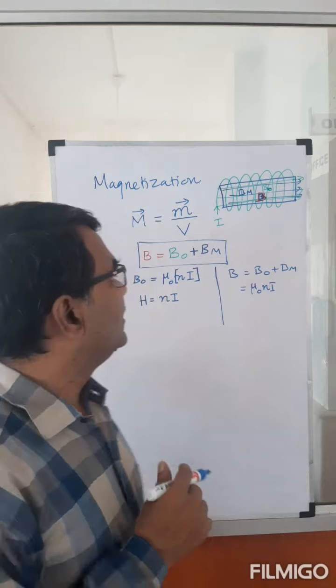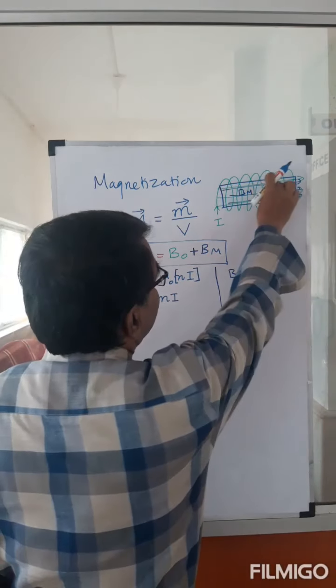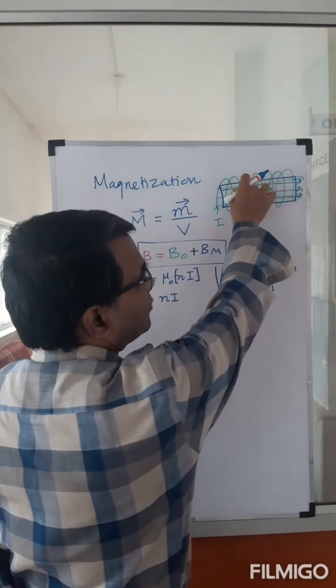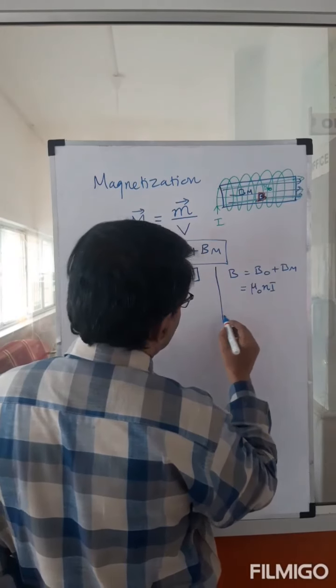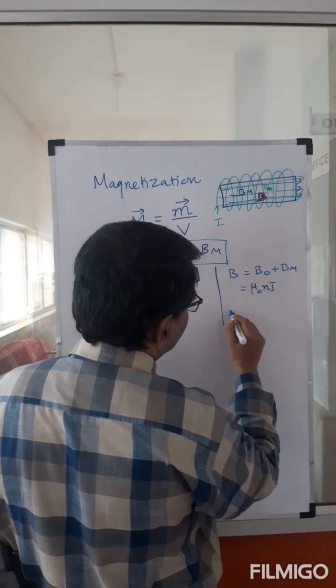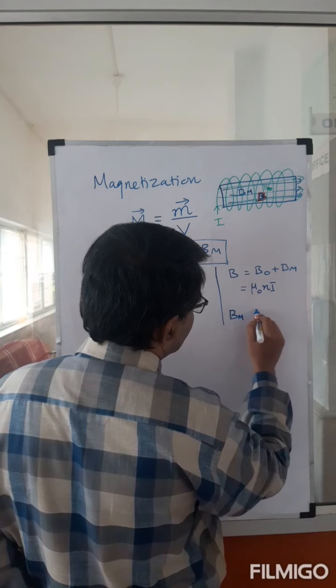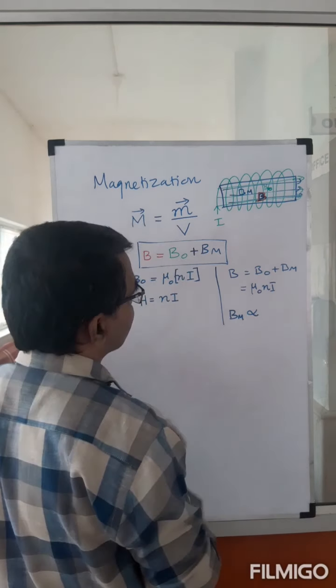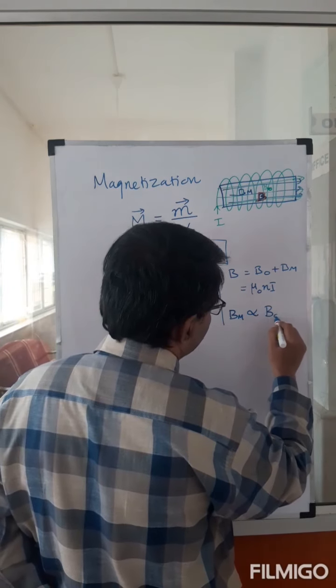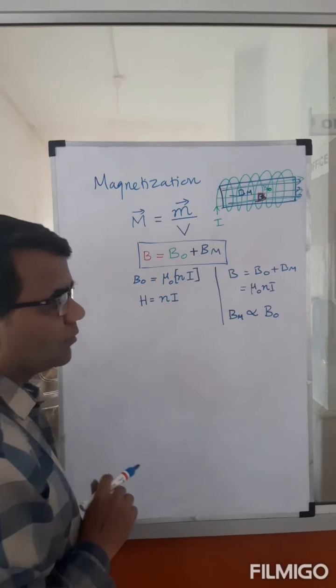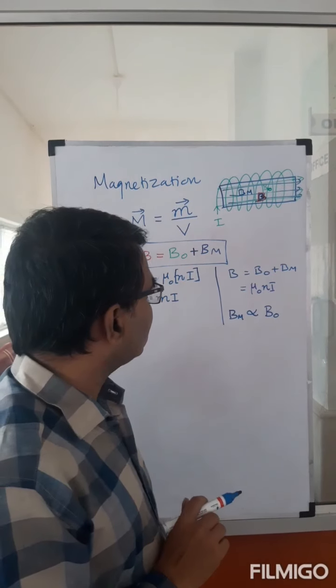Right? Okay. So if B naught is more, then Bm will also be more. So I will say that Bm is actually proportional to B naught.